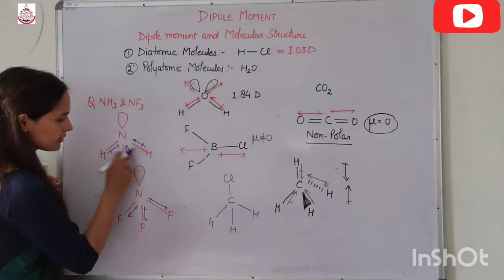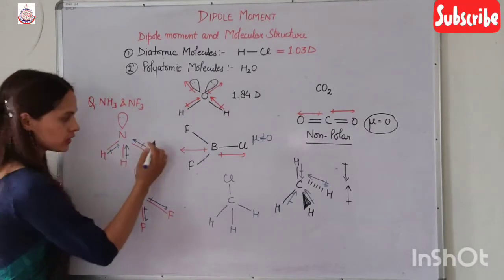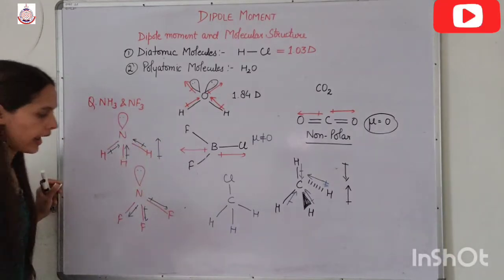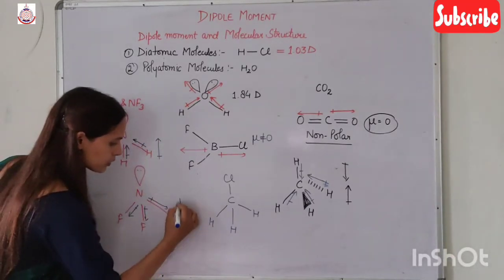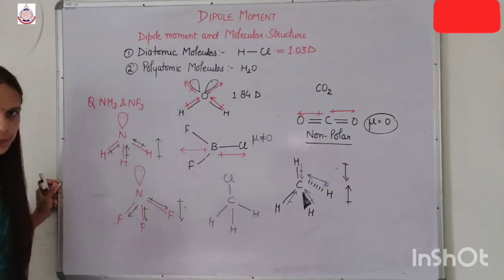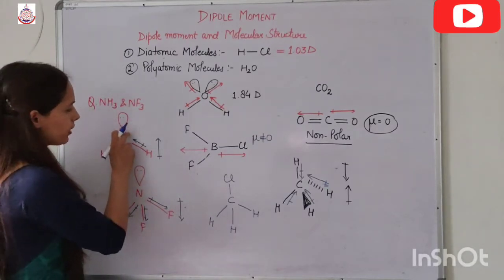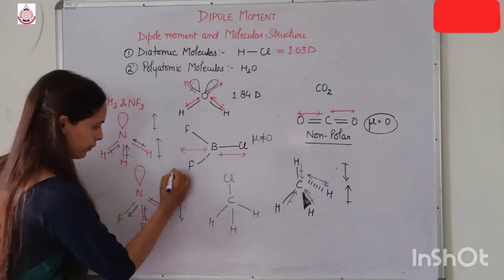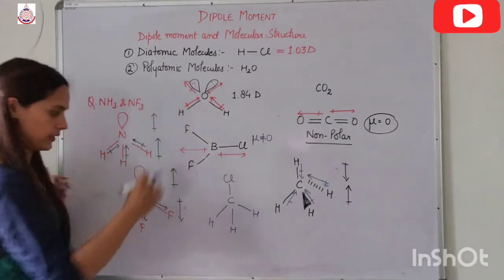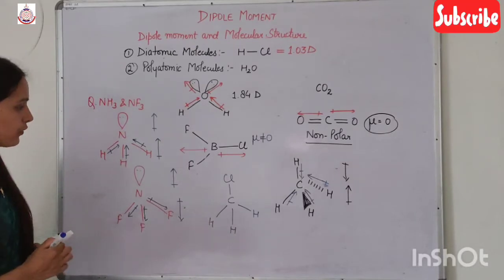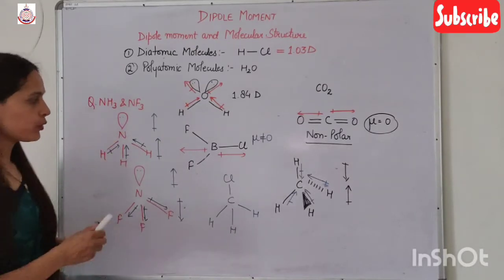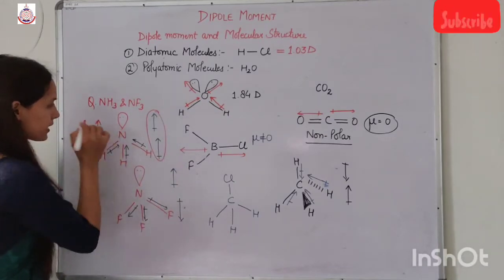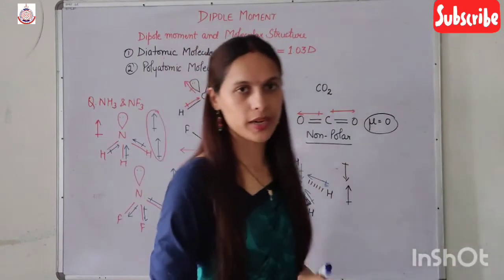So the net resultant dipole moment of these three bonds is upward, and here the net dipole moment of these three bonds is downward. Now if I talk about this, the dipole moment is towards the lone pair. In case of NH3, both the dipole moments are in the same direction, so the net resultant moment is the sum of these two dipole moments.